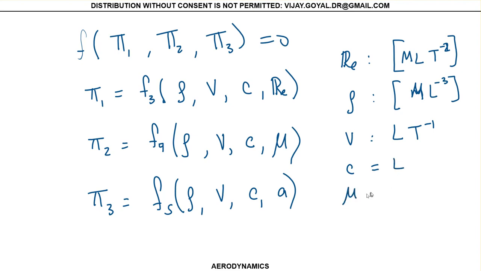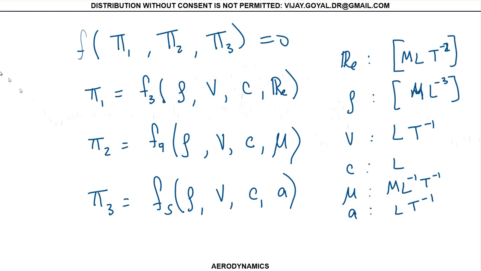We know your viscosity dimension is m, l minus 1, t minus 1. And we know speed of sound is l, t minus 1. So we know all this. These are the dimensions of each one of these quantities, and we're going to use this to find a relationship inside here.